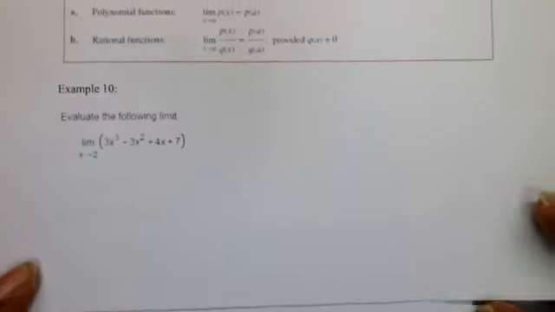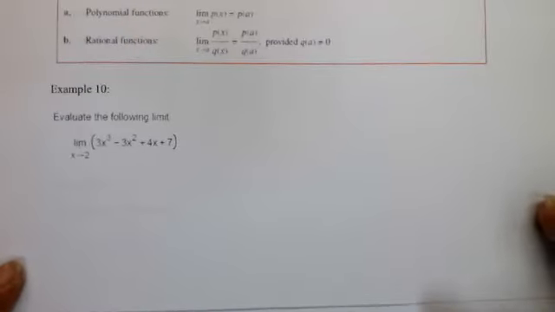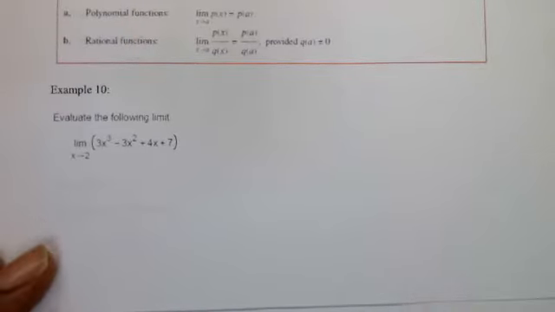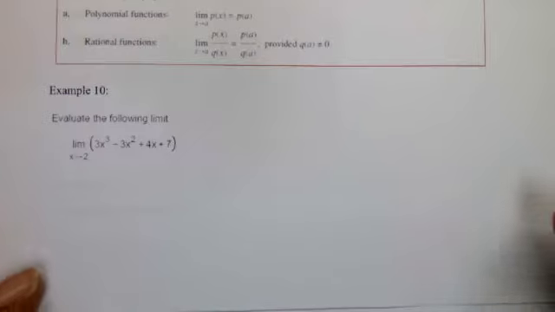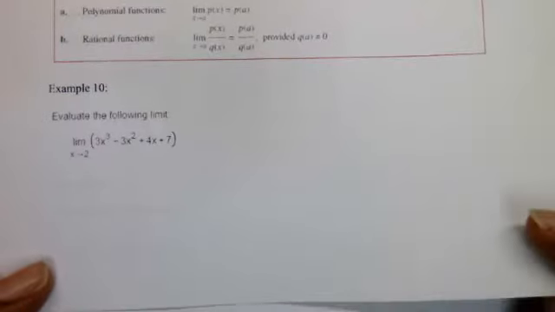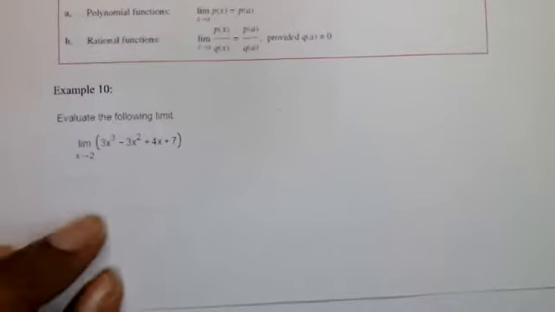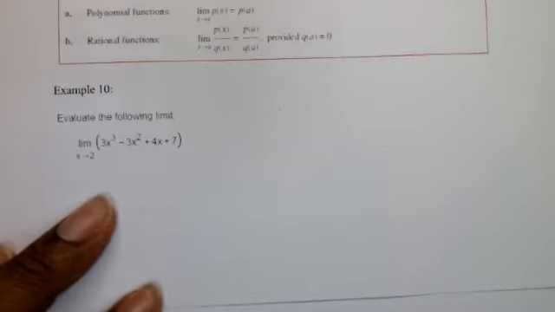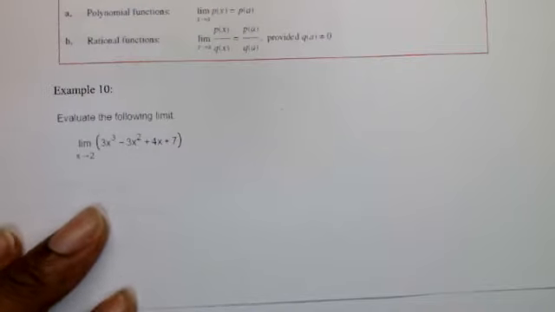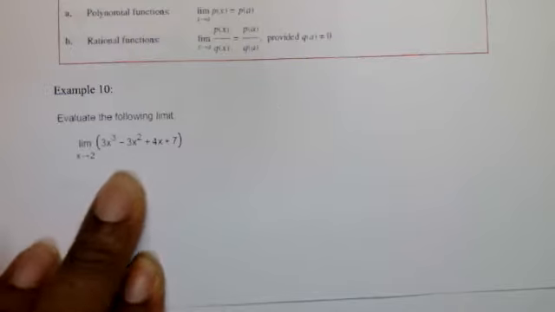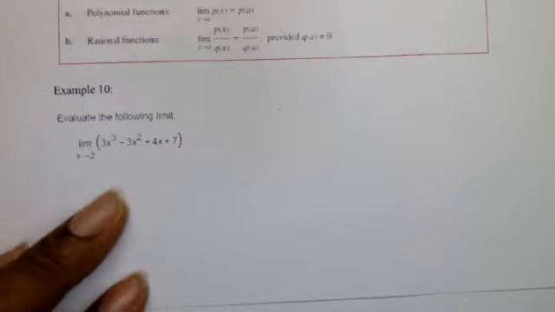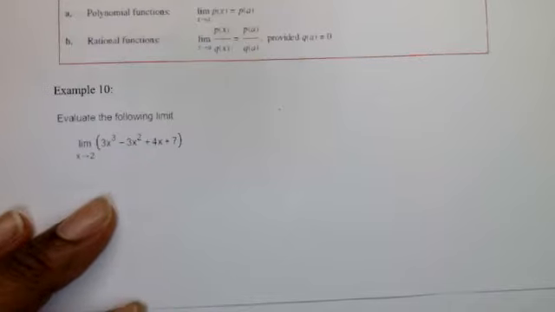Now, in this example, let's say I want to evaluate the following limit. Here I got the limit as x approaches 2 of 3x cubed minus 3x squared plus 4x plus 7. As you can see, I do have a polynomial function, which means I can just do direct substitution.